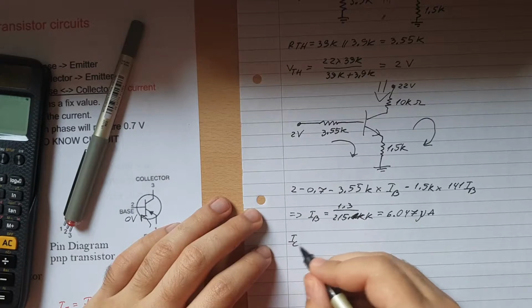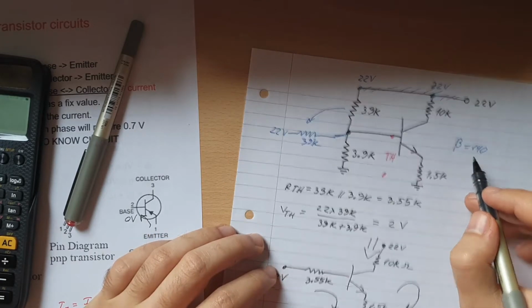Now we can find IC because it will simply be the gain multiplied by IB.